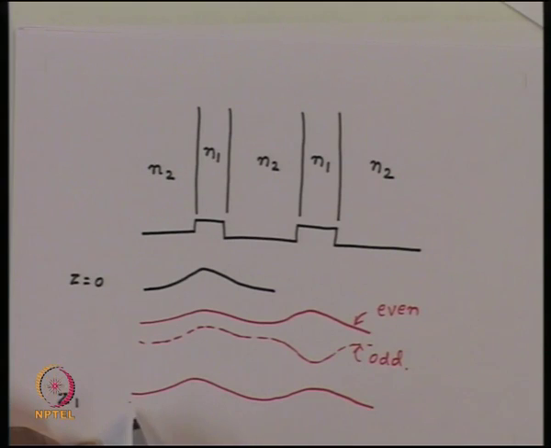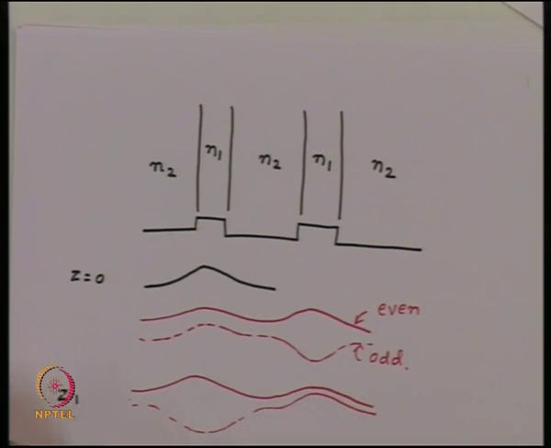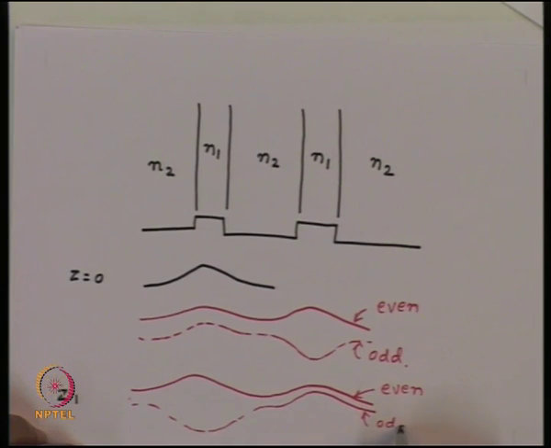There is 180 degree phase shift, so this will become, so this is the even function and this is the odd function. But now the odd function has a phase change of 180 degrees with respect to this. As a result, these two will cancel and these two will add.